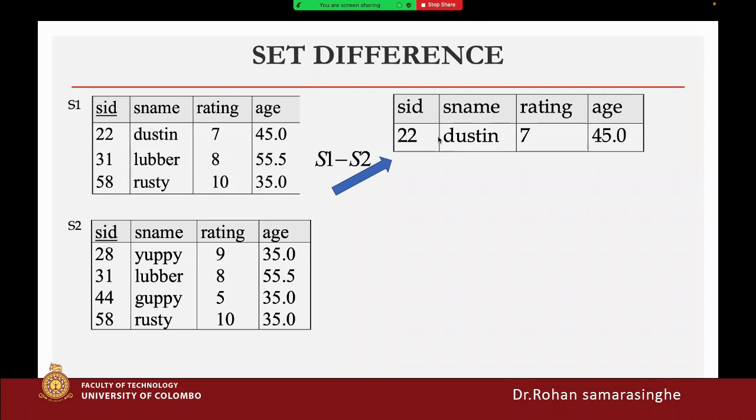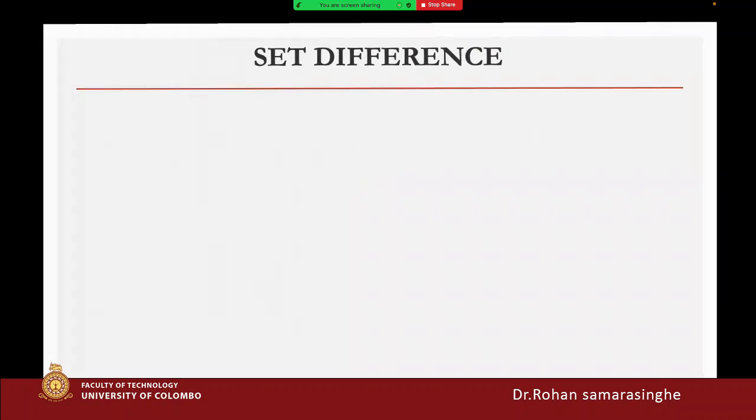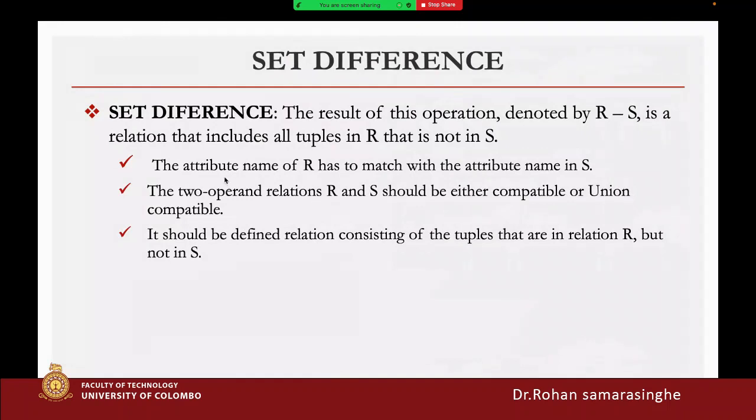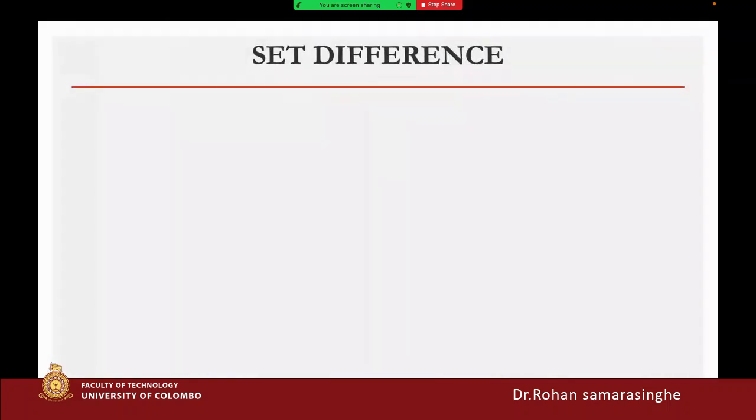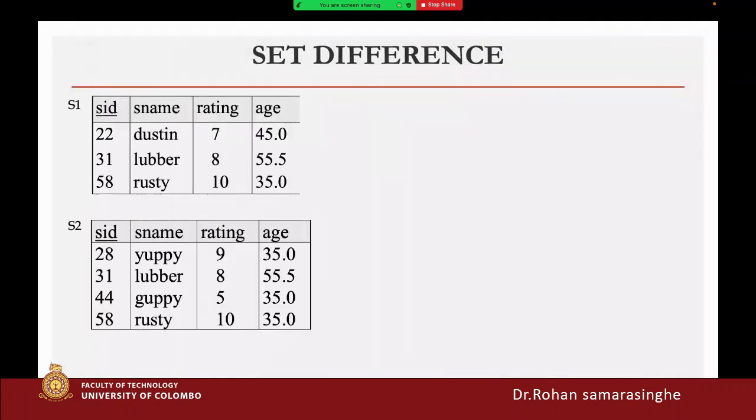When you go to the definition once again, the result of the operation denoted by R minus S is a relation that includes all tuples in R that are not in S. So here, all tuples in R but not in S. There are some different tuples which are not in S1, but you are not going to display them.